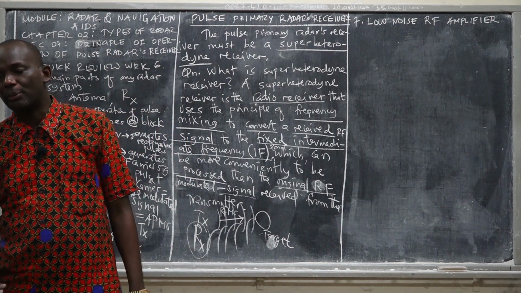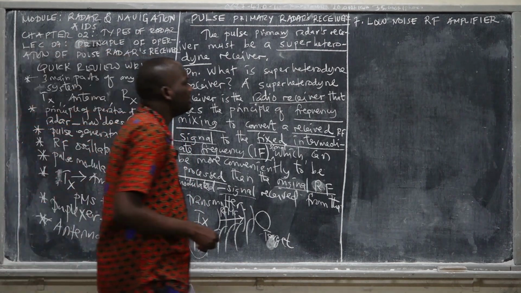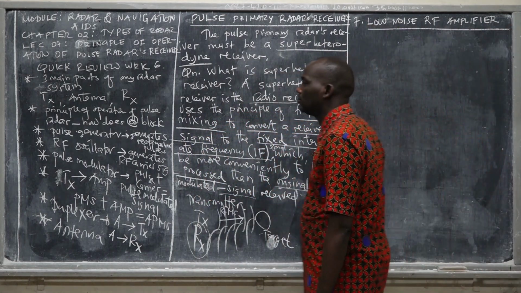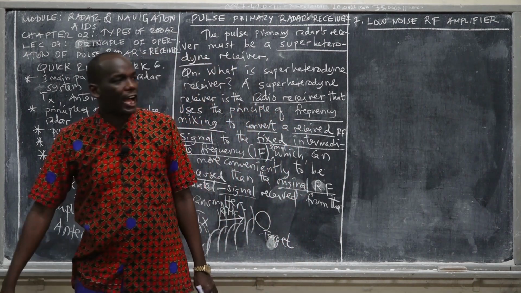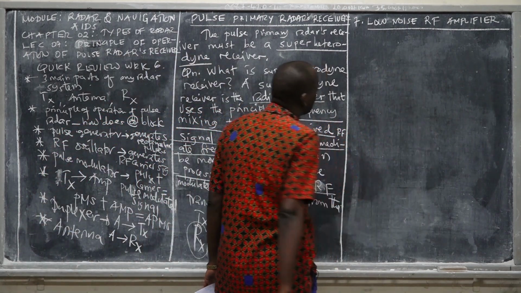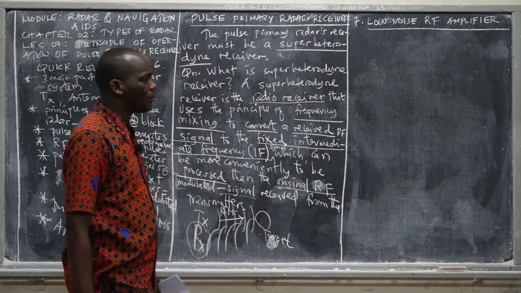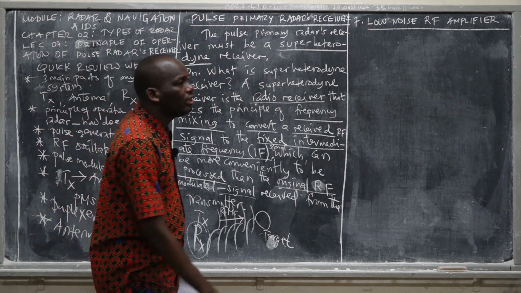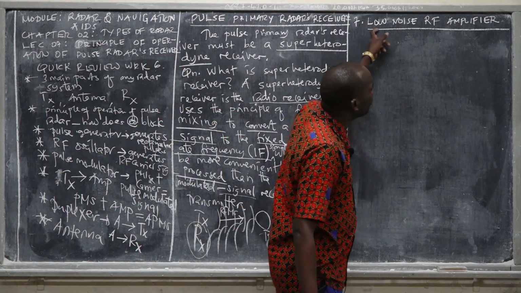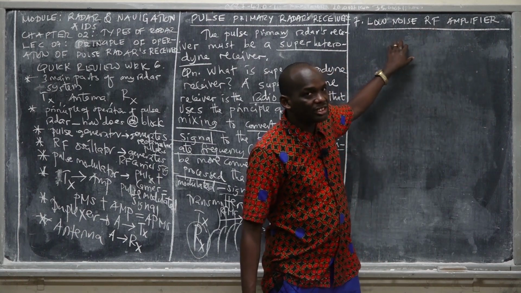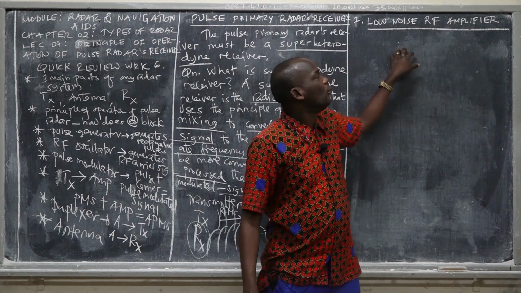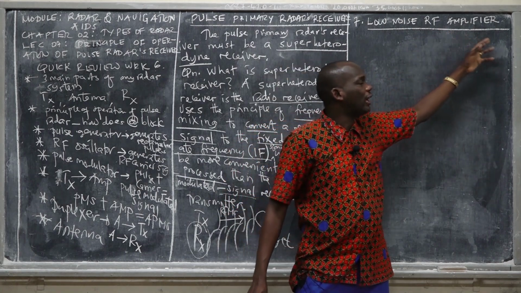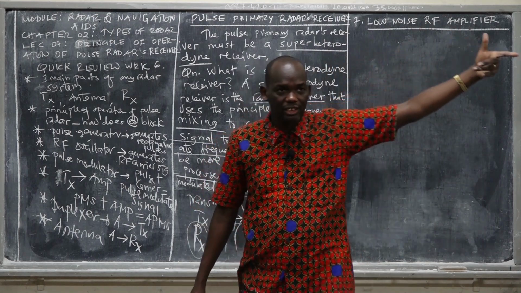Is it clear, or should I repeat? Let me repeat. Say low noise radio frequency amplifier. Before I explain what it is and its main function in the pulse radar receiver as the first block, I want to tell you that a low noise RF amplifier is an amplifier which amplifies the weak signal, or low power RF echo, reflected by the target, right?